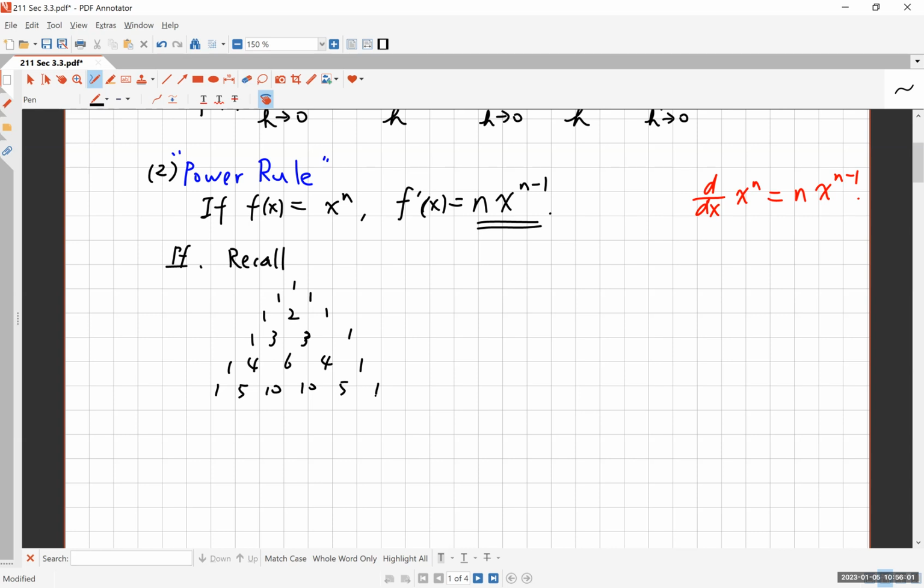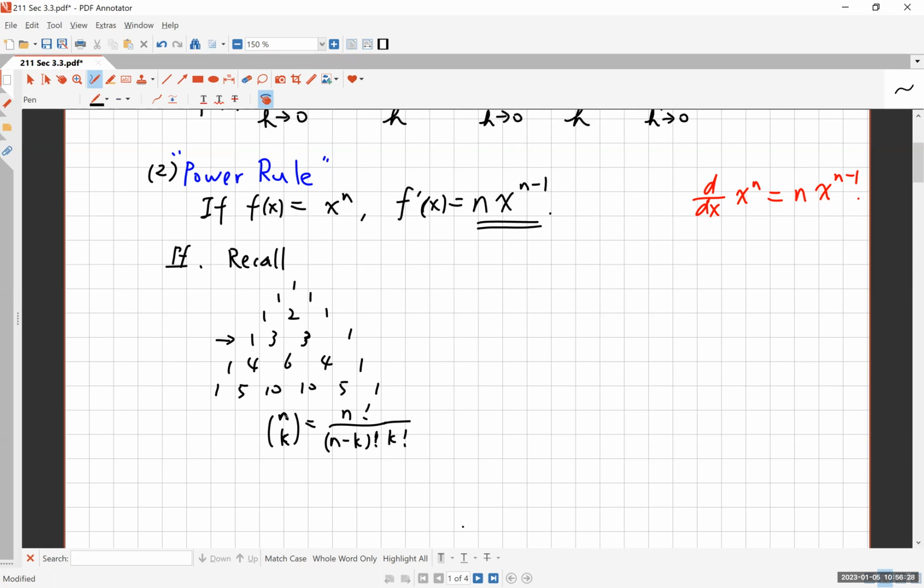All right, and so in the nth row, the kth number is called n choose k, and this is n factorial over k factorial times n minus k factorial. You don't have to really know this, but you may have seen this kind of thing. These are called binomial coefficients. This is actually the number of ways of choosing k things out of n things without replacement.